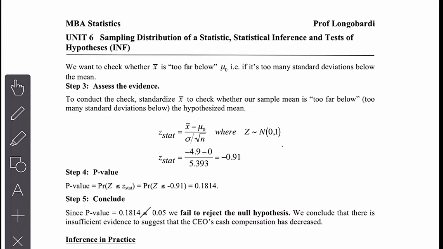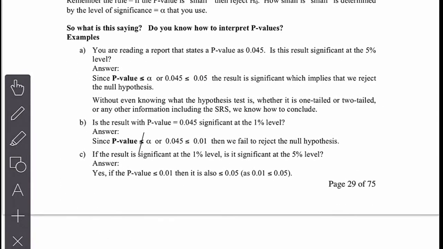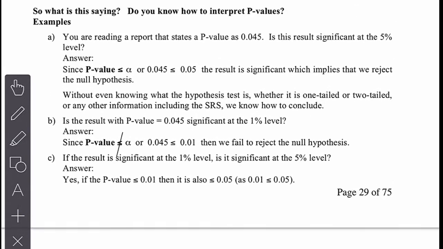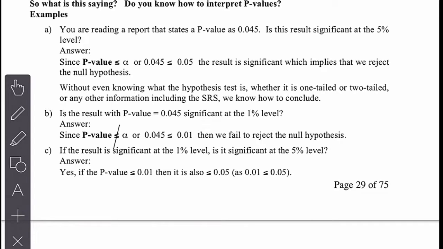Something else I want to talk about. Let's just look here on page 29. I have some questions, if you haven't had a chance to read everything. So what are we saying with levels of significance? Let's say you're reading a report that states a p-value of 0.05.